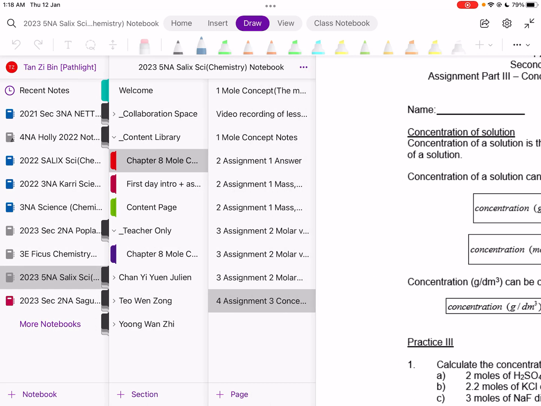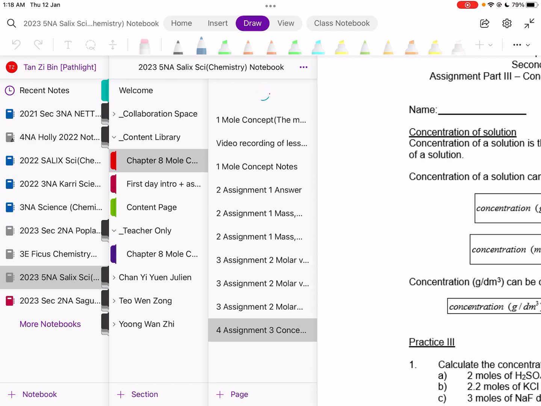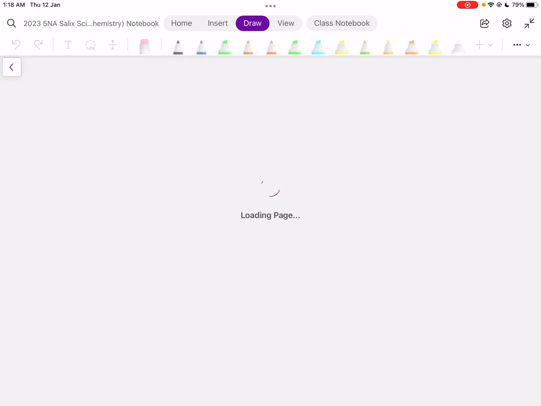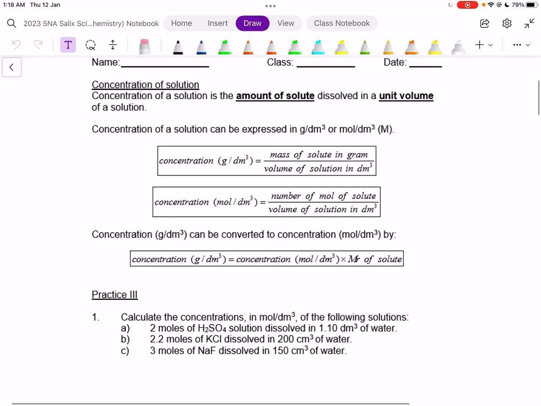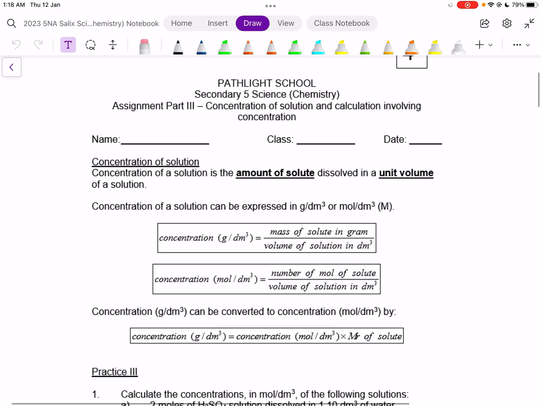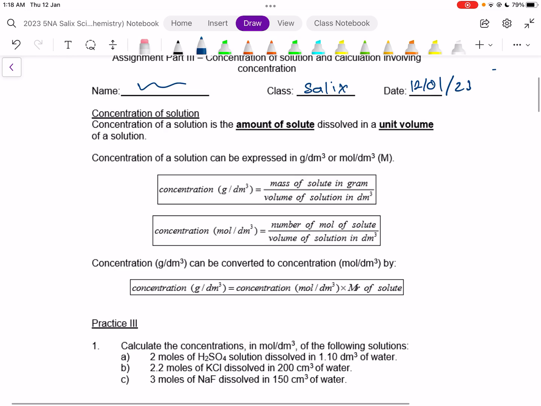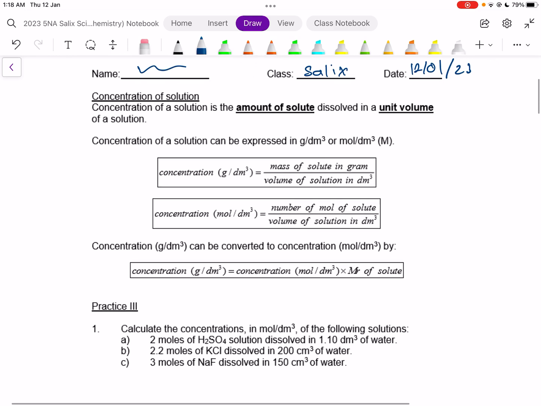Okay, let's get started. Same thing, write your name, class, Alex, doing this on 12 Jan. Depending on your progress, the day you do it, you write down that date.